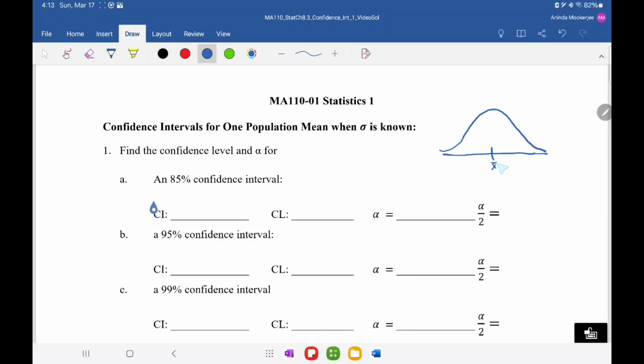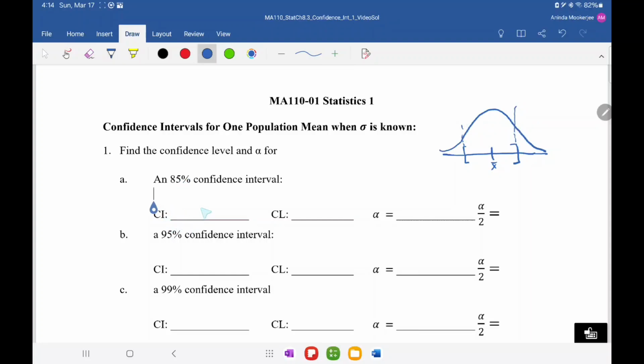We are going to come up with an interval, and this percentage, the confidence interval percentage, tells us how wide across this horizontal line, with the sample mean at the center, the interval is going to be. All right. So an 85% confidence interval.